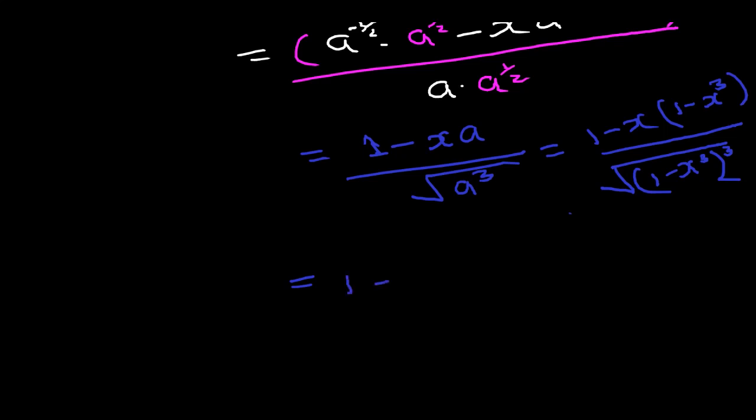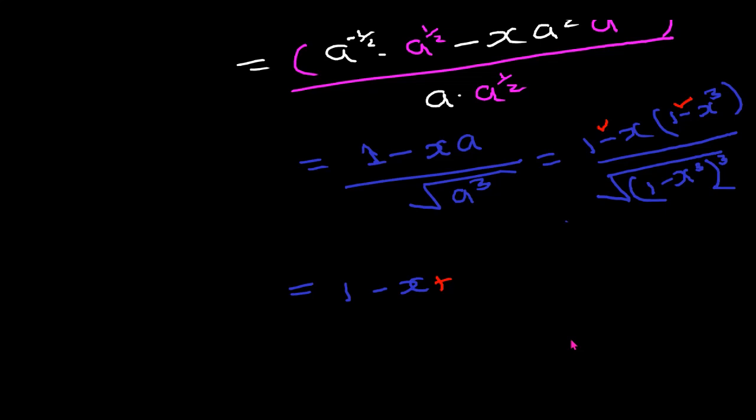minus x times 1 is x. Then negative into negative becomes positive. So a negative sign and a negative sign is a positive sign. Then x outside the bracket times x cubed inside, you get x to power 4.